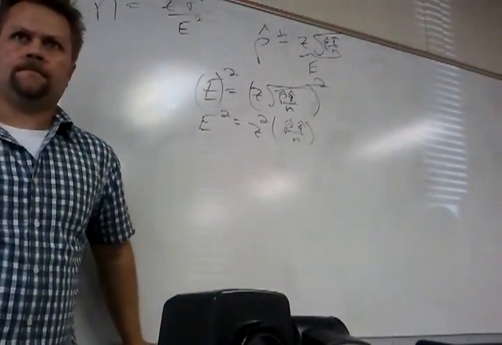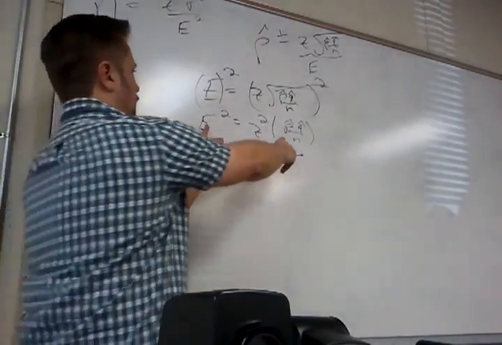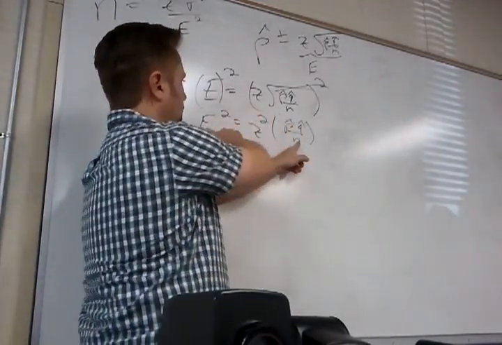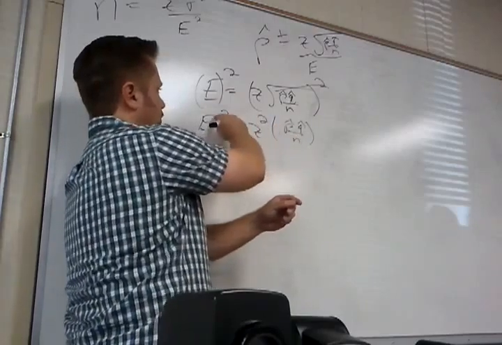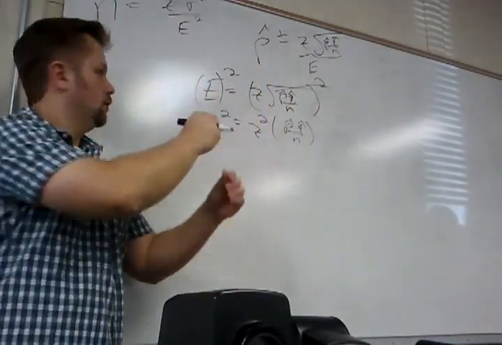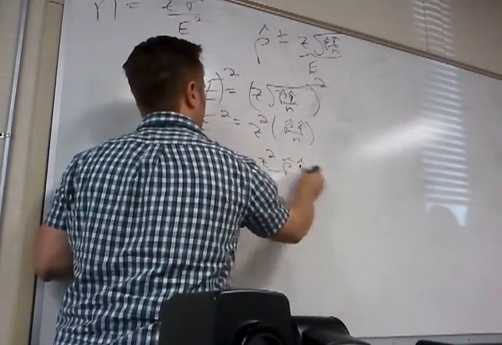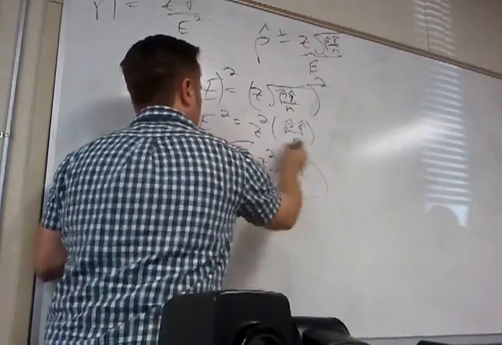How we doing? Now here's the cool shortcut I mentioned the other day. To solve for n, you just take this and switch it. Multiply the n up, divide the e squared down, they just effectively switch. That's a really good shortcut to know. So n equals z squared p hat q hat over e squared.